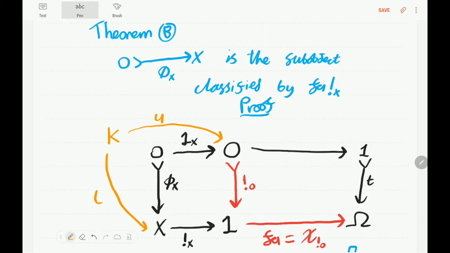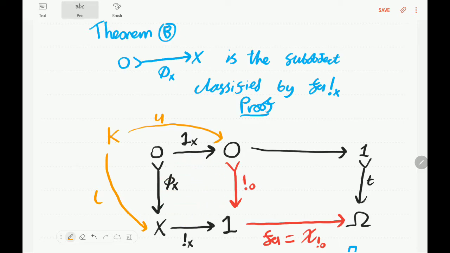In other words, this subobject denoted by this left vertical black arrow is going to be the subobject classified by false after exclamation mark X if and only if it's the pullback of exclamation mark 0 along exclamation mark X. And I claim that this is a pullback square.